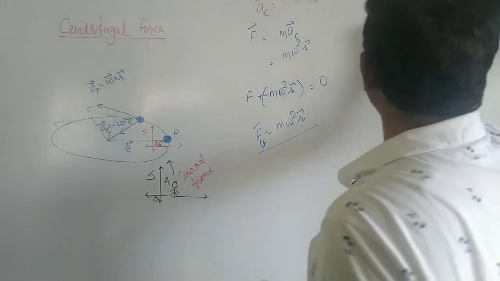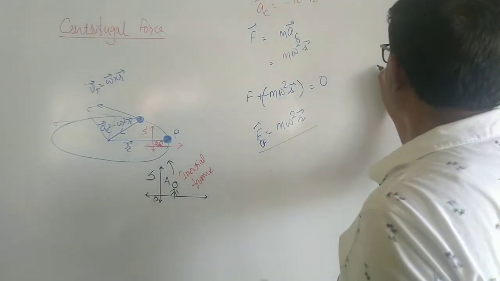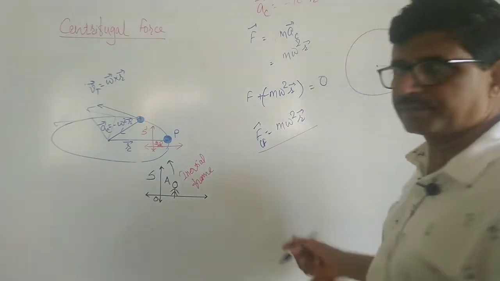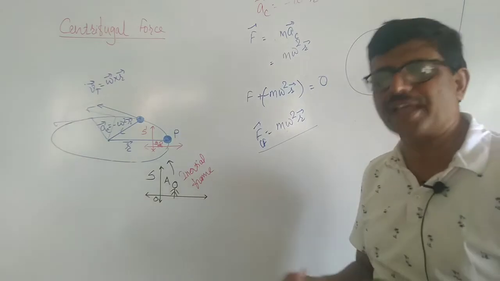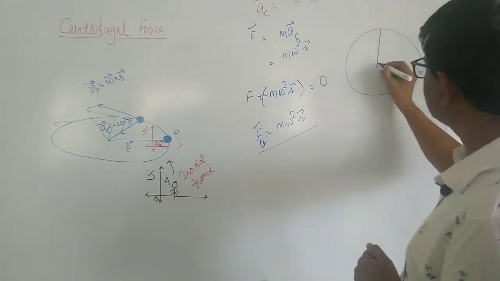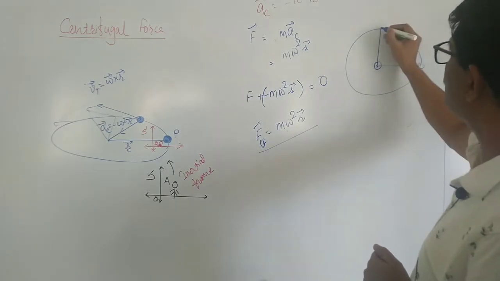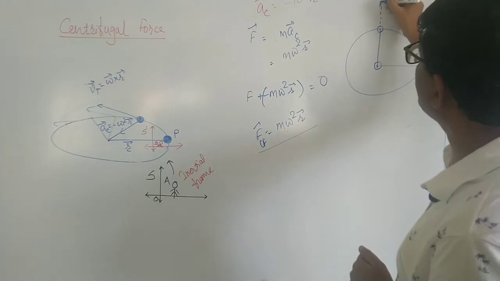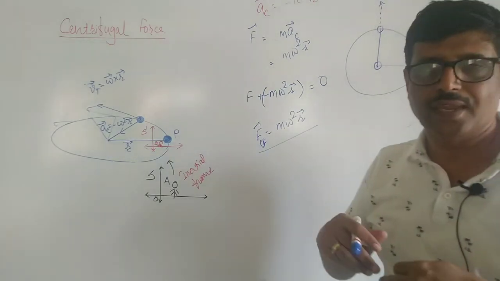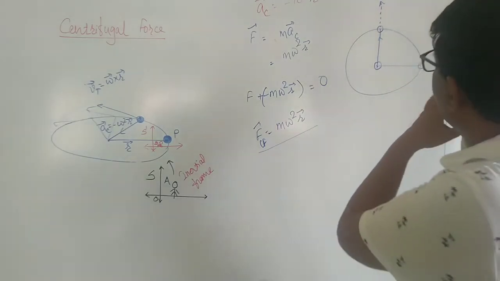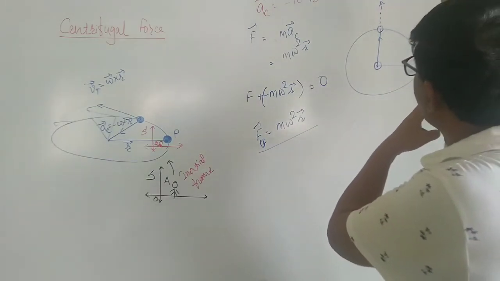Let us consider a stone tied to a string and whirled in a vertical circular path. Now, when the stone is released at this point, because of centrifugal force, it will not fly away in a vertical, upward direction.